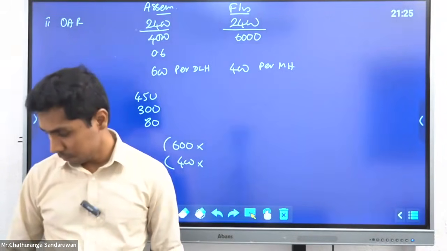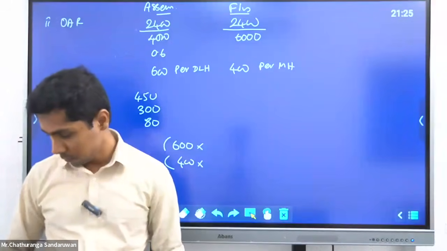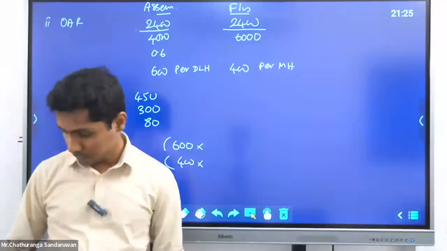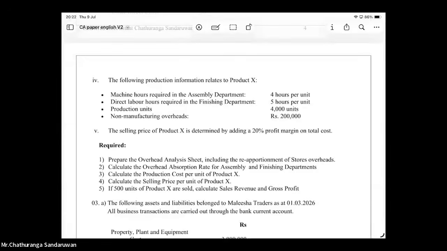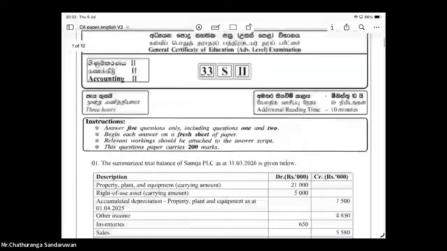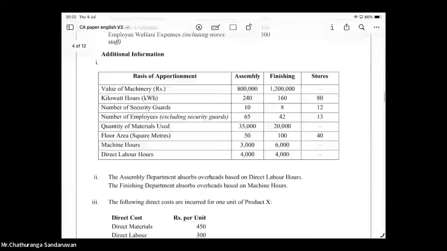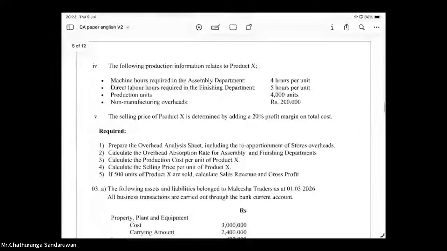These two wordings should be swapped: direct labor hours required in the assembly department, and then machine hours required in the finishing department.